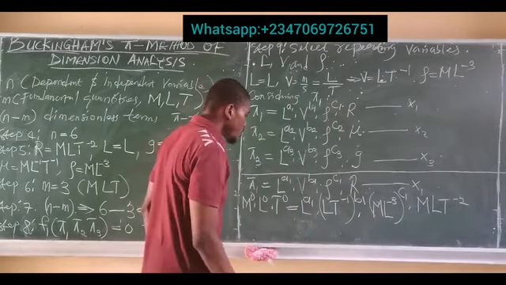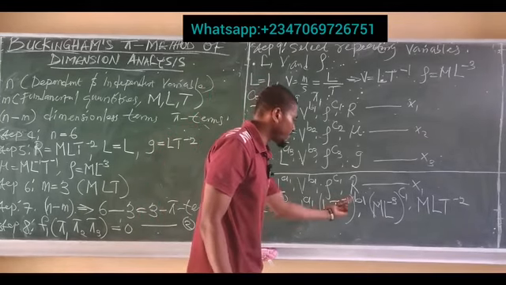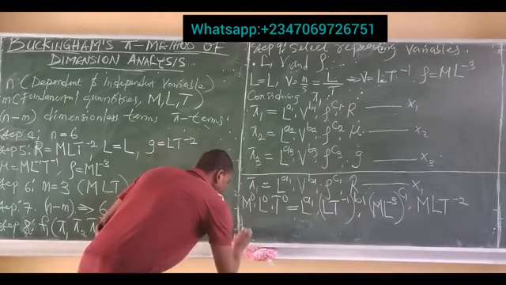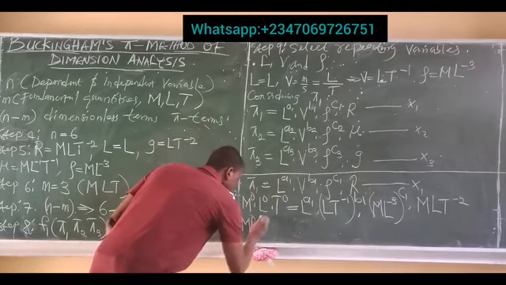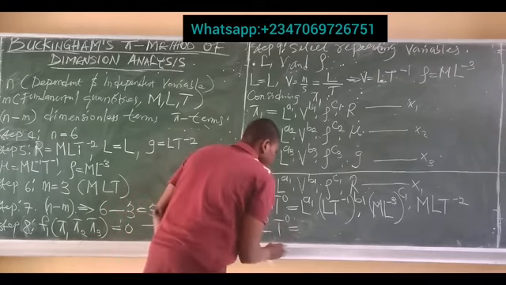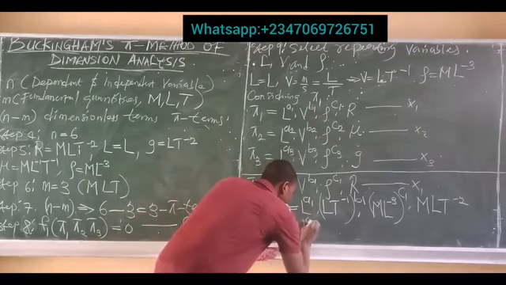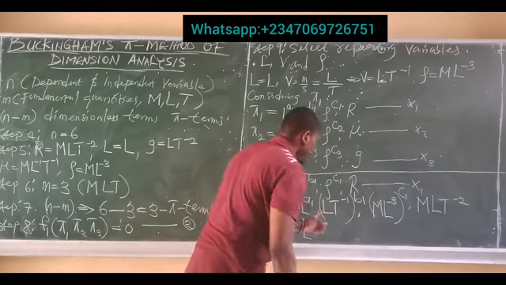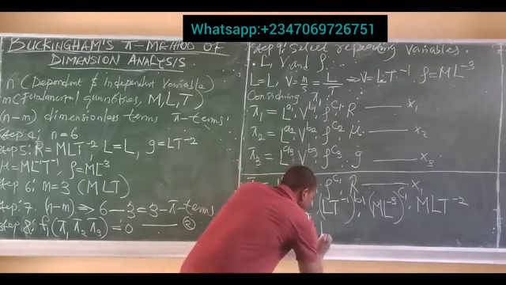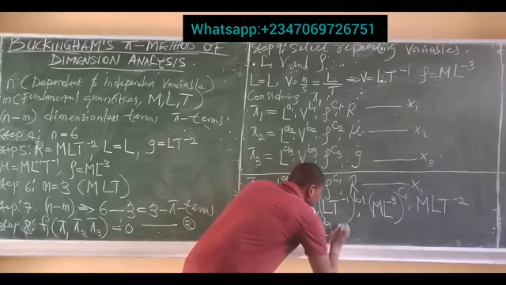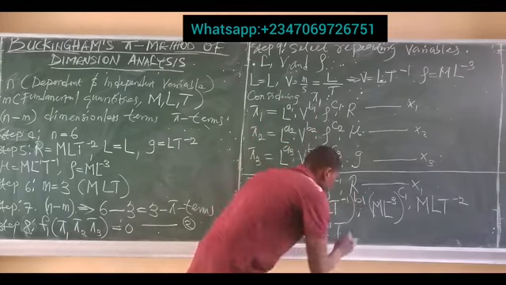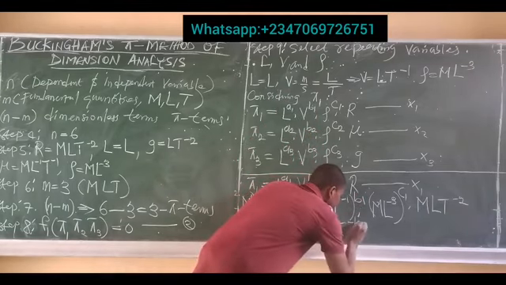All right. So all we need to do now is expand the powers, expand the bracket with the powers. So you have this to be M to the power of 0, L to the power of 0, T to the power of 0, and this is equal to L to the power of A1 times, if I expand this power with B1, it becomes L to the power of B1 times T to the power, remember this is T to the power of minus 1. Minus 1 times B1 becomes minus B1.